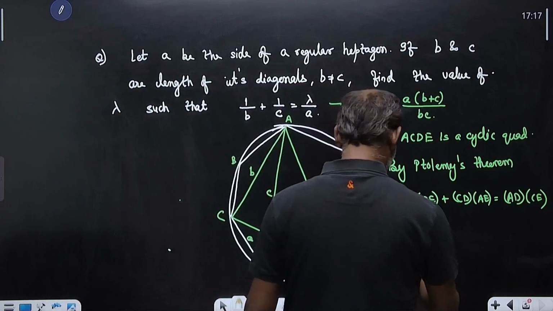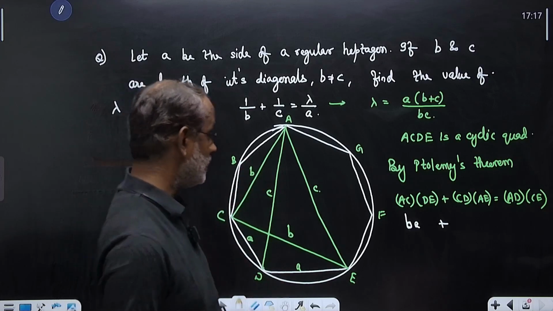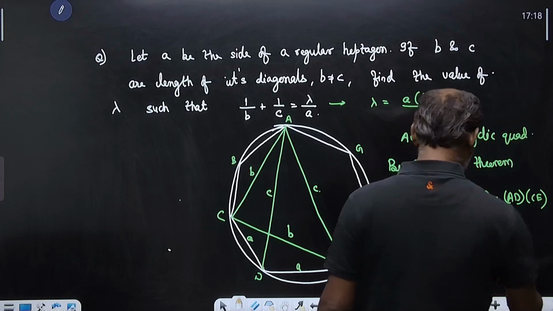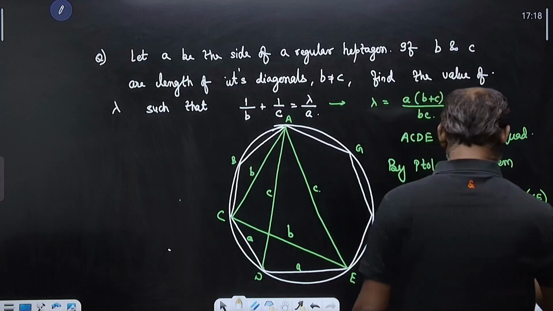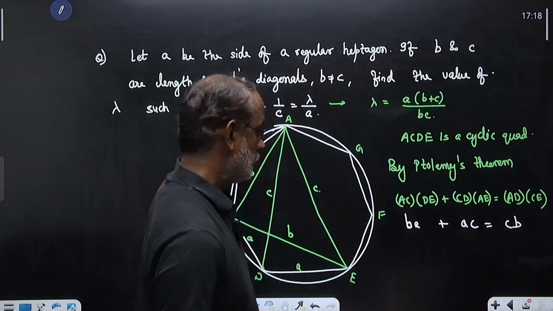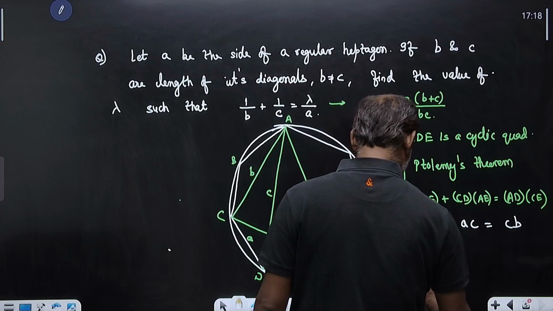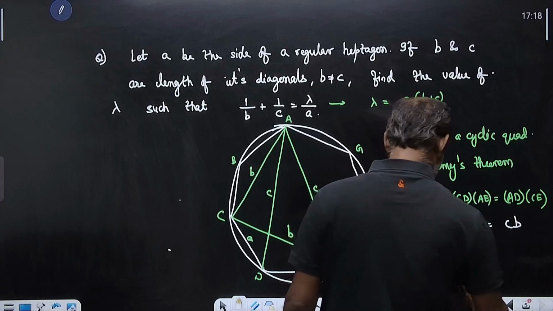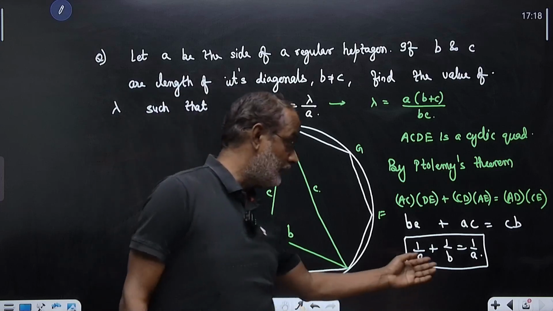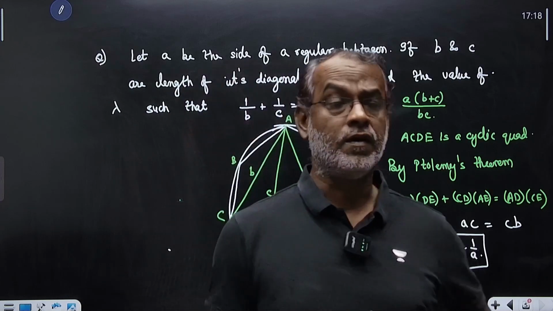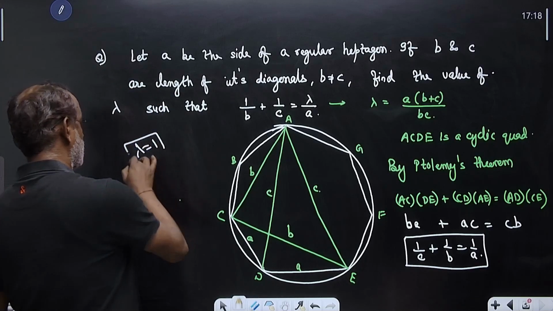So b into a plus a into c is equal to c into b. In fact, if you divide by bc, what you get is 1 by c plus 1 by b equals 1 by a. This is the relation between the sides and lengths of diagonals of a heptagon, and therefore we can safely say lambda is nothing but 1.